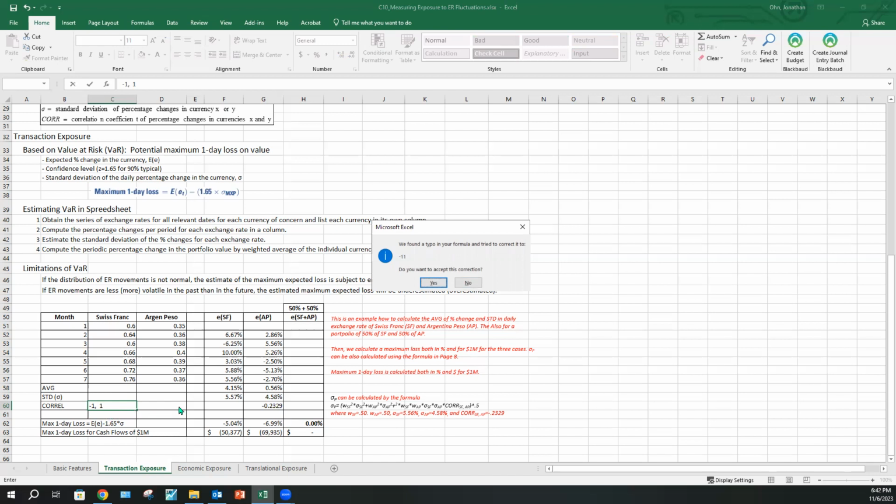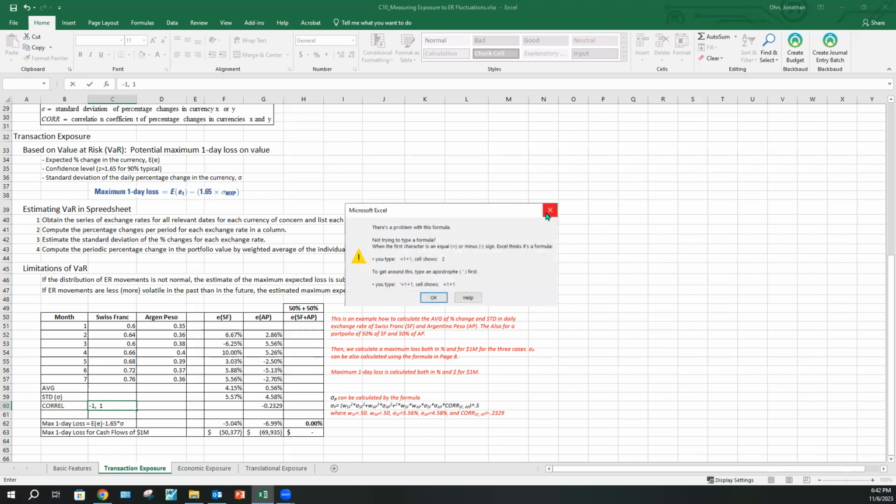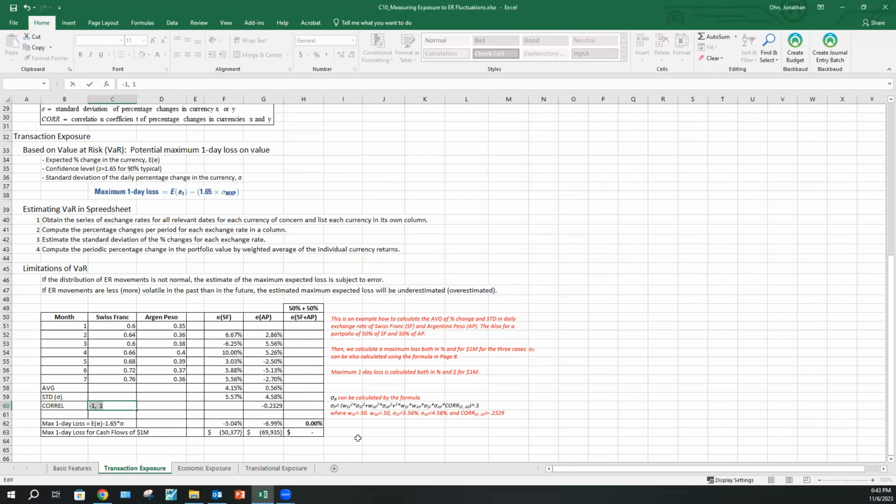So low correlation means like 0.20, 0.10, 0.30, or 0, or even negative, like -0.10, -0.20. Now, in our case it is -0.23. So that's pretty good for risk diversification purposes.